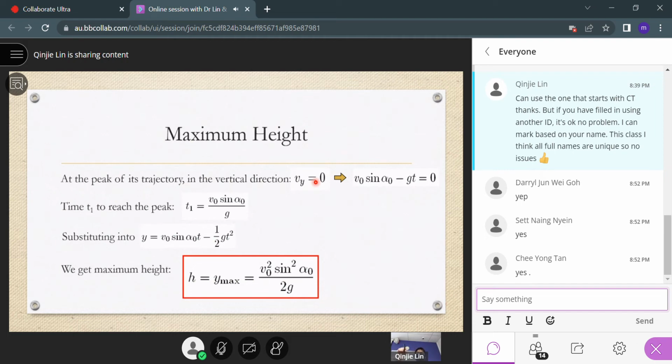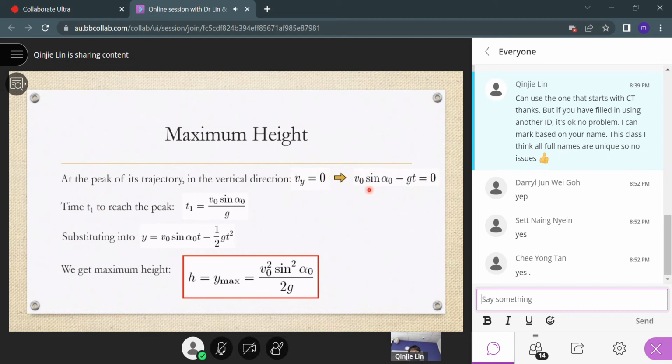When you reach the maximum height, if you look at the vertical direction only, the velocity is 0. In the y direction, the ball goes from the bottom to the top, then comes back down. So when you're at the top, Vy equals 0. That's the condition we put into the equation to find further info.